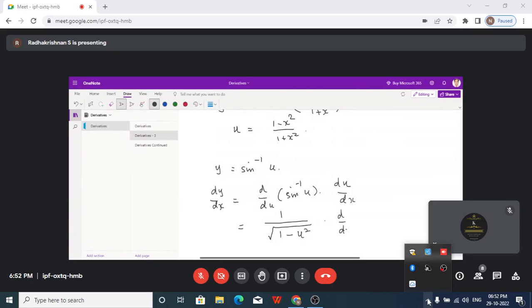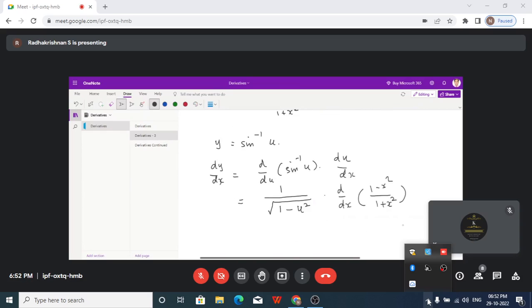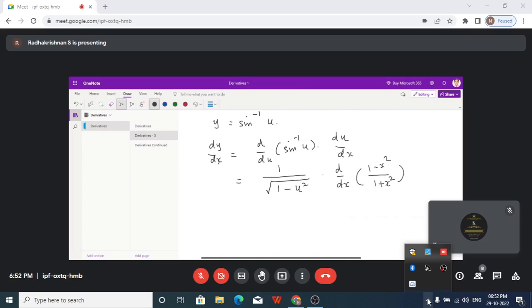Yes, sir. Into d by dx of u, which is 1 minus x square divided by 1 plus x square. So now you can substitute u equal to this. So let's do this part alone separately. Everything put together will be confusing.